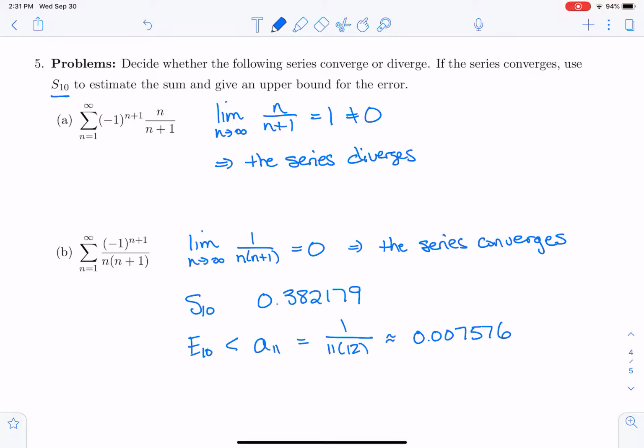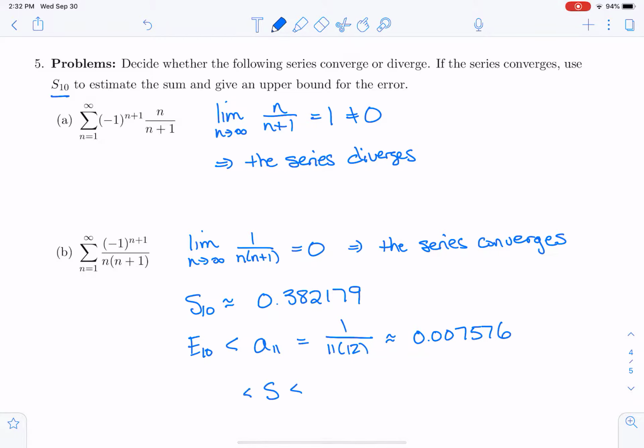So we have that our estimate of the sum is 0.382179, and then the error is no bigger than 0.007576.